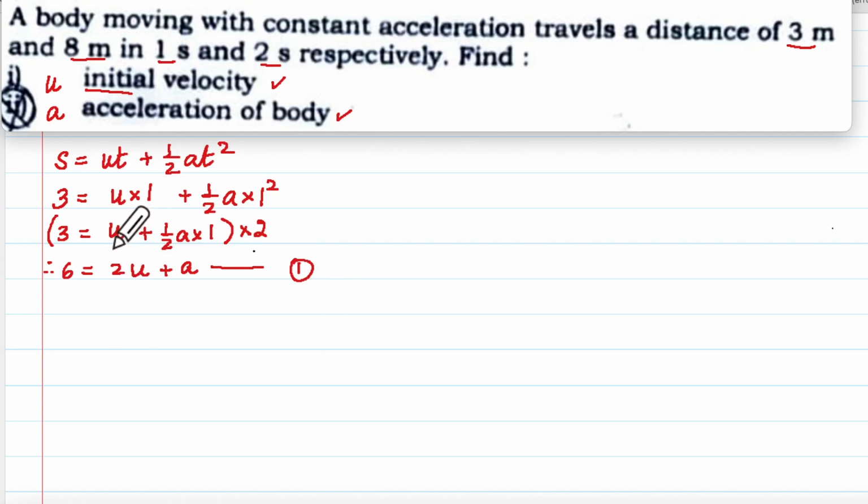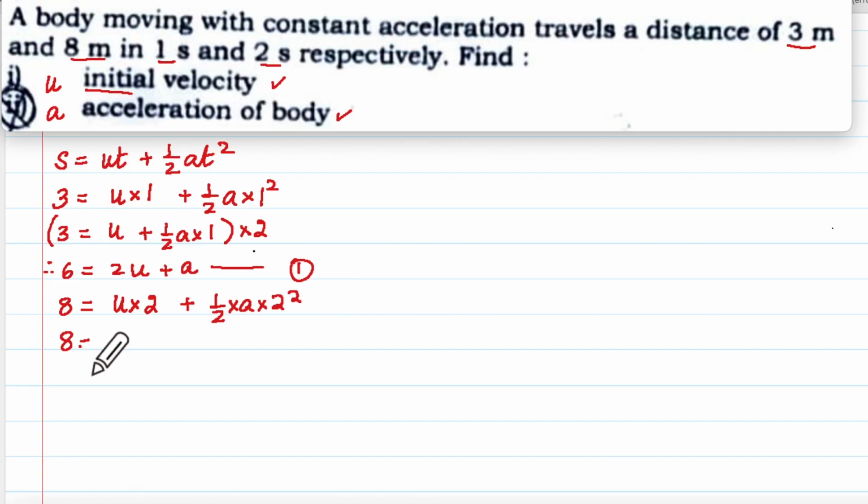For the second case, we will use the same formula, but here the distance is 8 meters. So 8 equal to u multiplied by time, which is 2 seconds, so that will be 2u, plus half into a into 2 square.